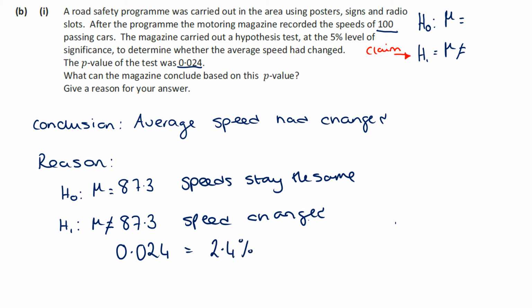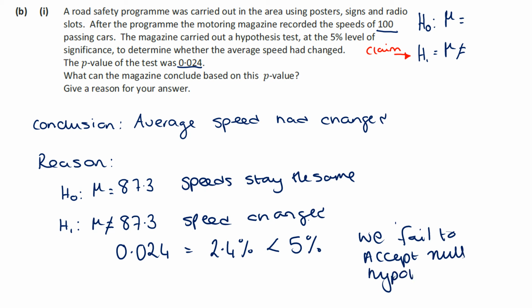And because that is less than 5%, we reject the null hypothesis. And if we reject the null hypothesis, we are accepting instead the alternative hypothesis. That's how we would come up with our answer. So this is the one where we're saying yes, their claim would be correct.